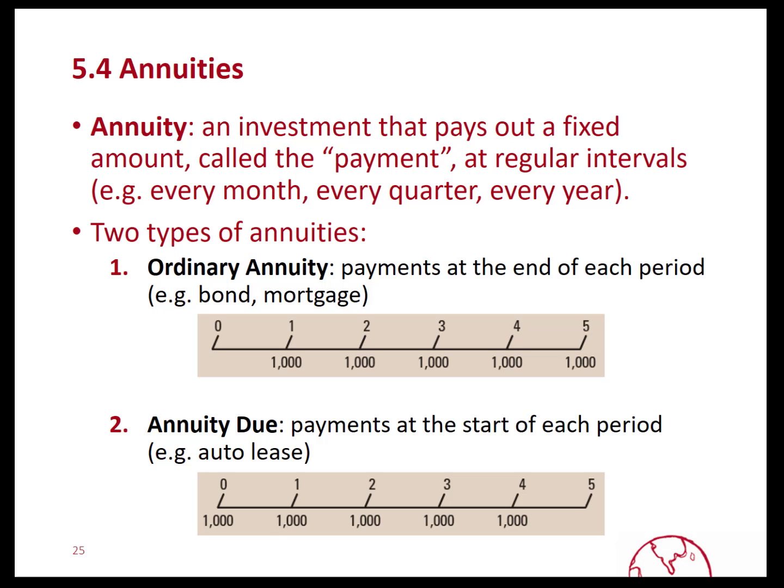If you're making 5 payments, you would make it on day zero, on the first anniversary, the second, the third, and the fourth anniversary of a 5-year schedule. So in an ordinary annuity, payments come at the end of the year. Annuity due, payments come at the start of the year.